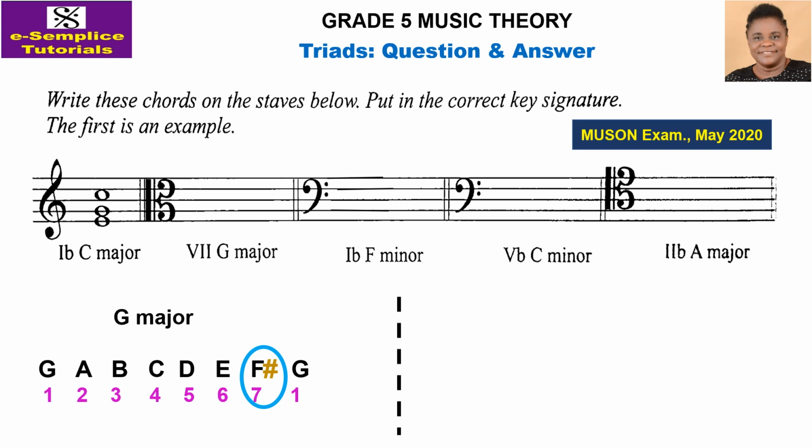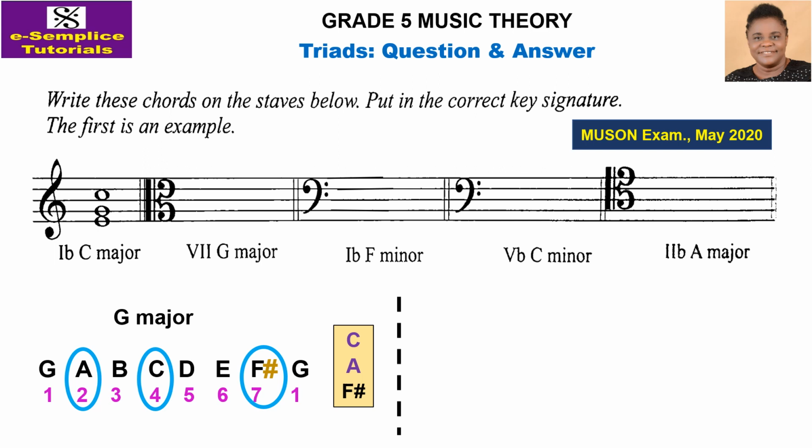So since we are starting on the 7th degree, the next would be A and the top note would be C. Now let's stack it. We have F sharp, A, and C.